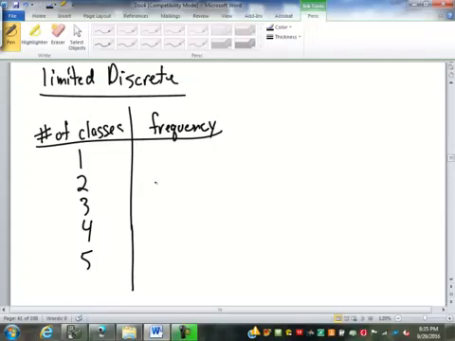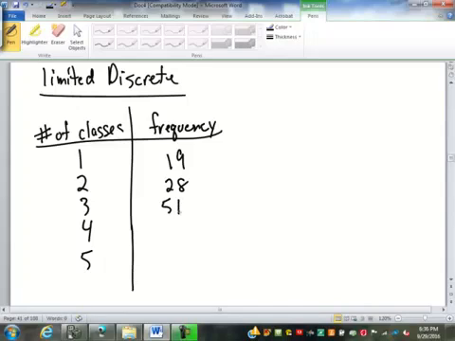So then we'd do our tally and our frequency. Now, this would be done the same way we did with our colors. You'd have this list of 1s, 2s, 3s, 4s, 5s, or whatever. We'd tally them up and write the frequency in. We're going to go ahead and just fill in the frequency here. So we have 19 students that are taking 1 class, 28 that are taking 2.